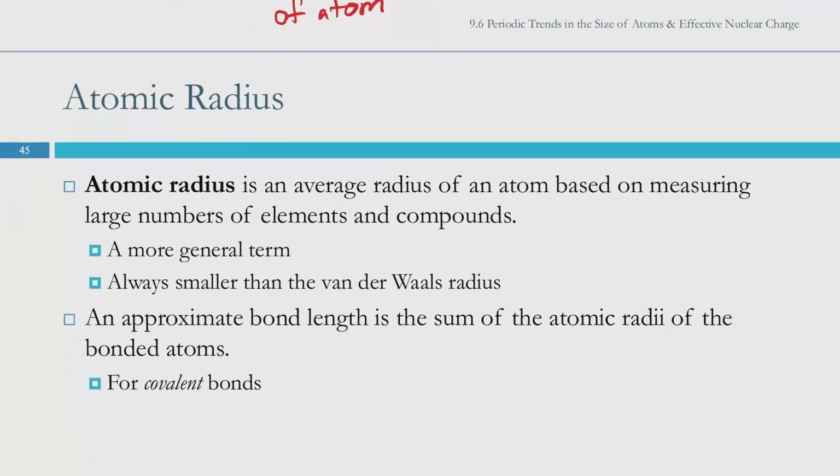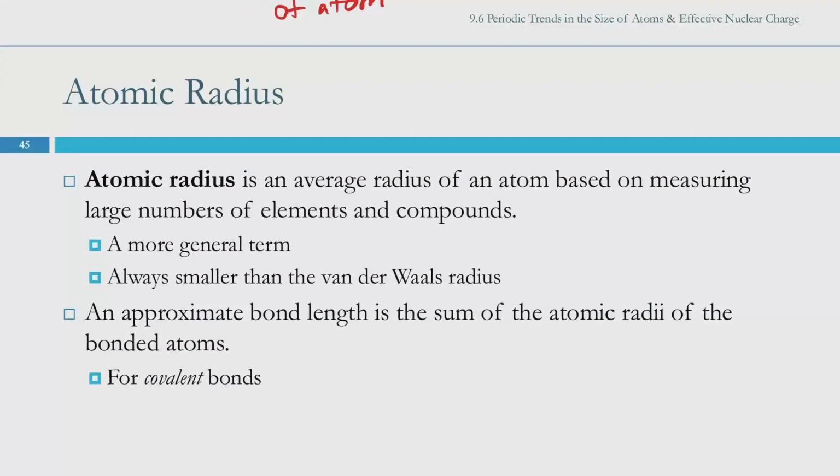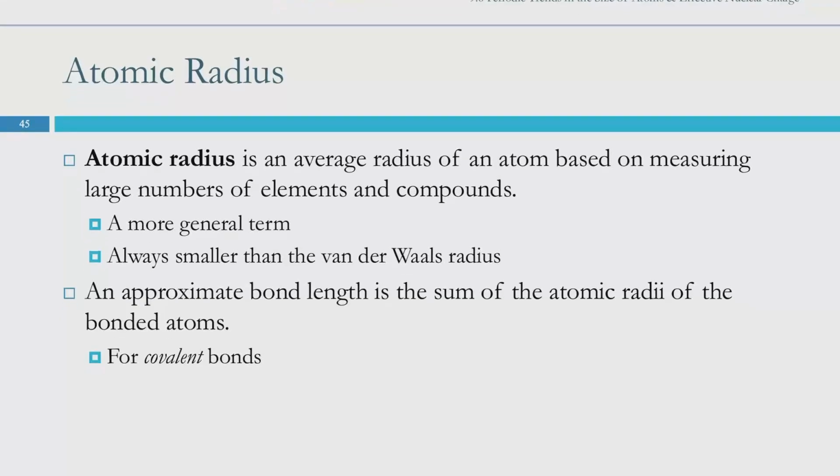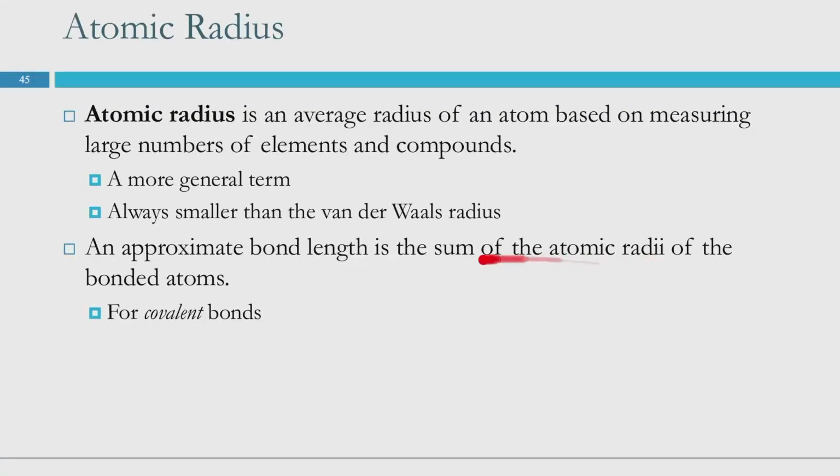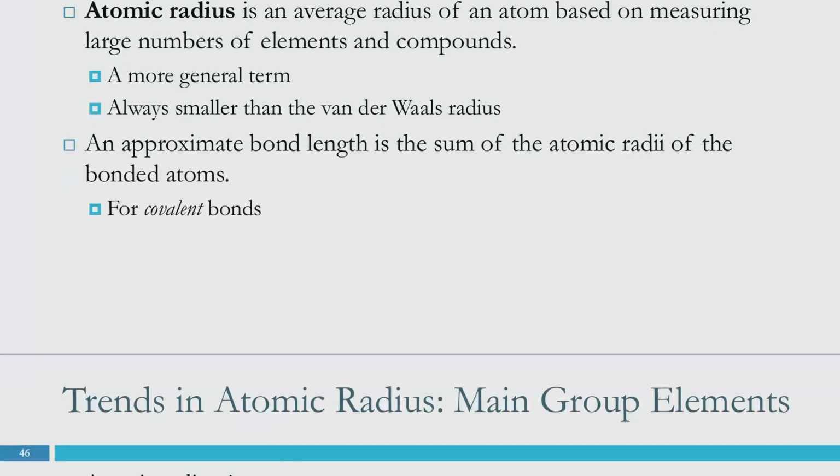And since we're averaging, the atomic radius will always be a little bit smaller, not especially important. Could also be an approximate bond length being the sum of the atomic radii of different bonded atoms. So take a bunch of different compounds, measure how far the nuclei are away from each other, average them together, and you can get an approximate bond length. The how of how we get those numbers is not especially important.